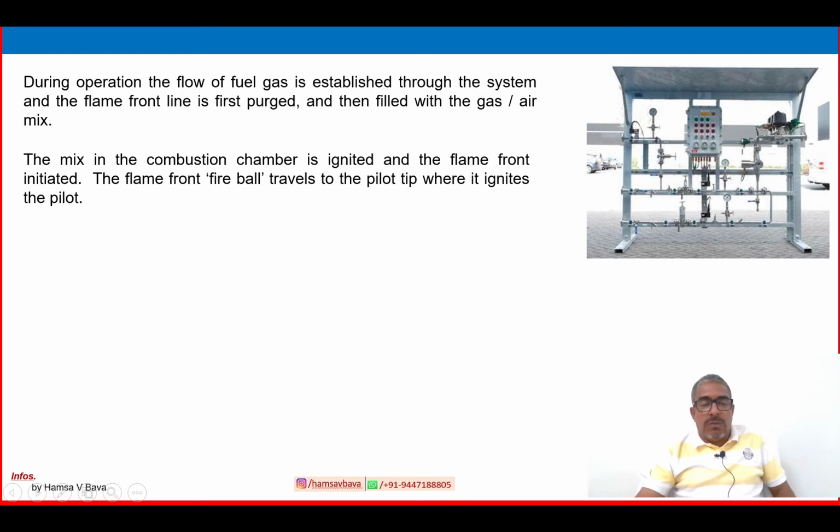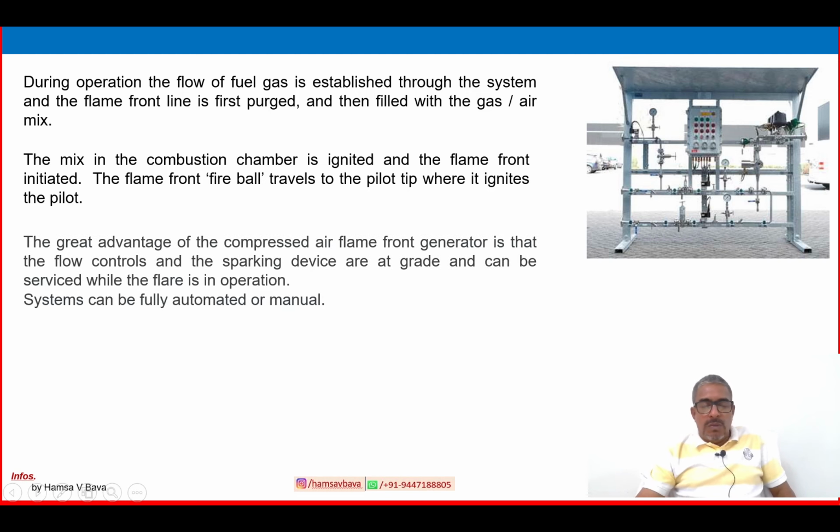The flame front fireball, that is important, travels to the pilot tip, where it ignites the pilot. The great advantage of the compressed air flame front generator is that the flow controls and sparking device are at grade and can be serviced while the flare is in operation. The system can be fully automated or manual.